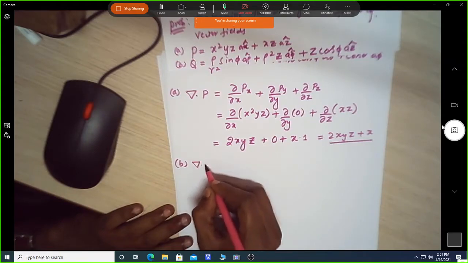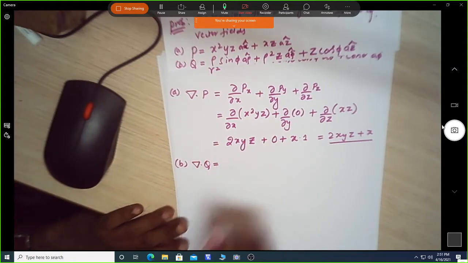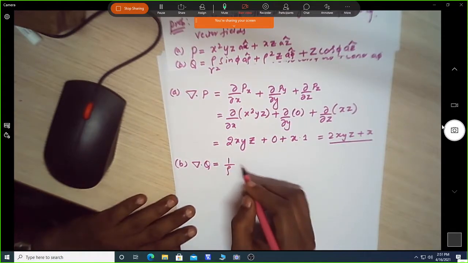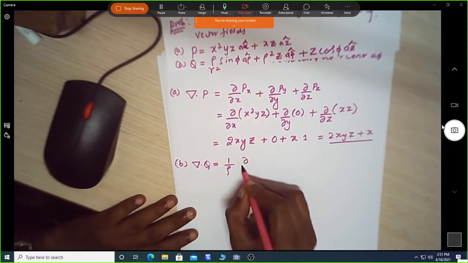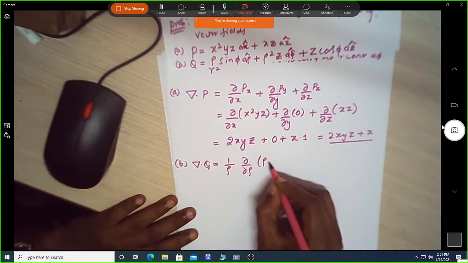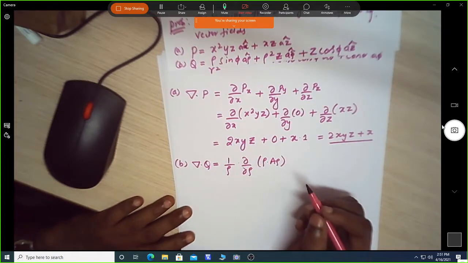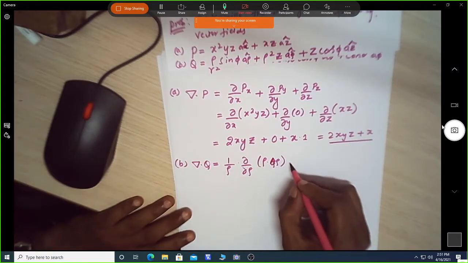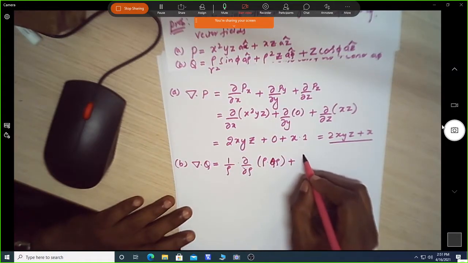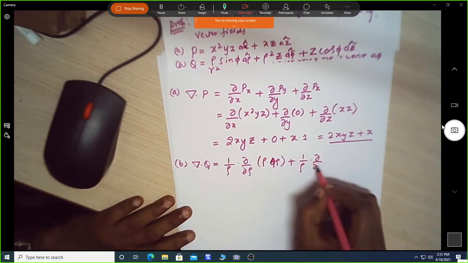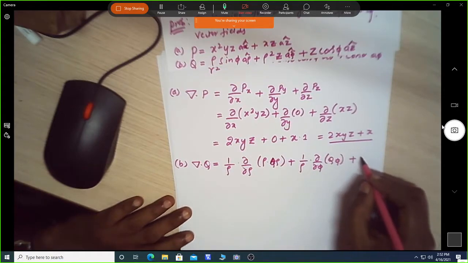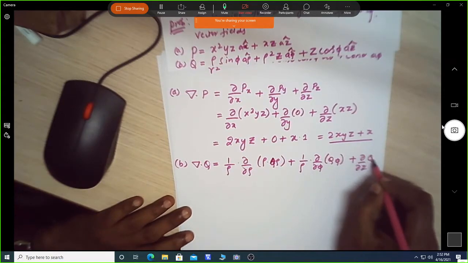Now find out what del dot Q is. Del dot Q is 1 by rho of del by del rho of rho Q rho, since this is the Q vector, plus 1 by rho of del by del phi of Q phi, plus del by del z of Qz.